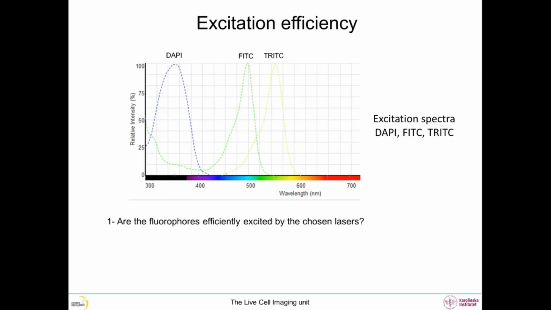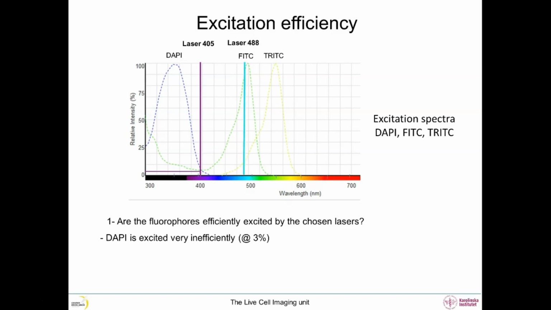Here again are the excitation spectra of our three fluorophores, DAPI, FITC, and TRITC. As in the previous example, the first question we need to answer is, are the fluorophores sufficiently excited by the lasers? The 405 laser is used to excite DAPI. As you can see, we excite DAPI very inefficiently, at only a few %. Nevertheless, DAPI is extremely bright, and even when excited so inefficiently, it will emit brightly across its emission spectrum.